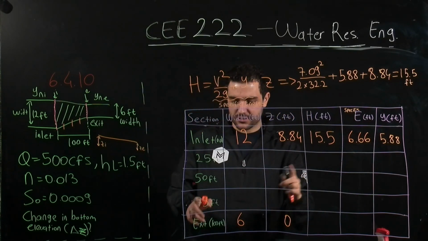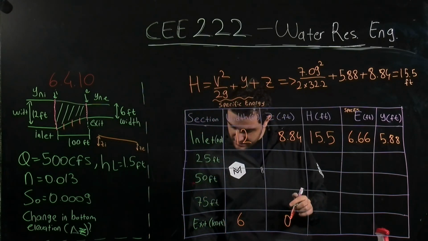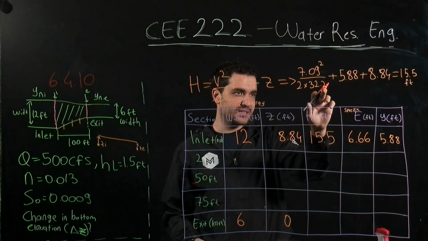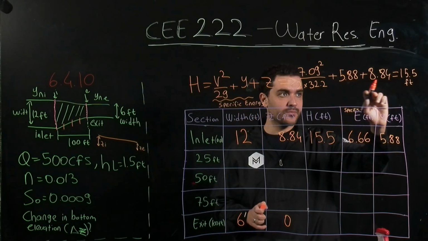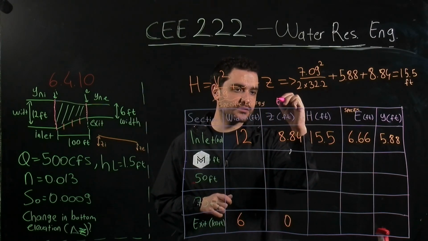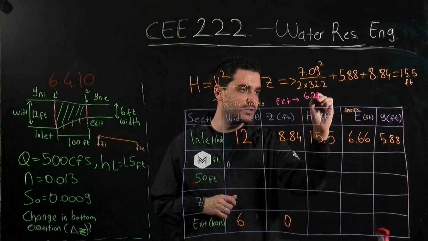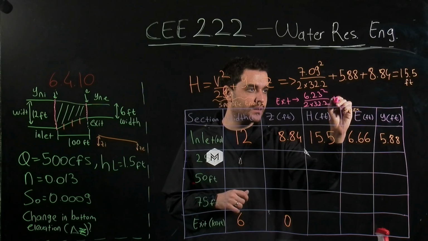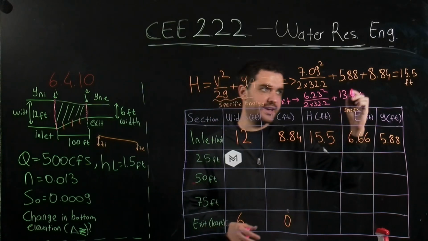Similarly, we can do that for the exit. For the exit, we have velocity as 6.23. This part will be the same. We have water depth as 13.4. Actually, let me write that. So this is for the exit: we have 6.23, we have 13.4, and we had 0.